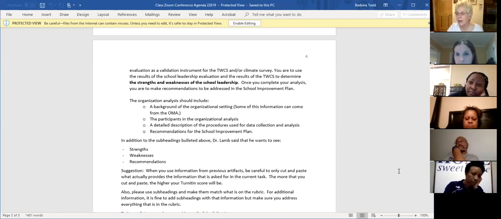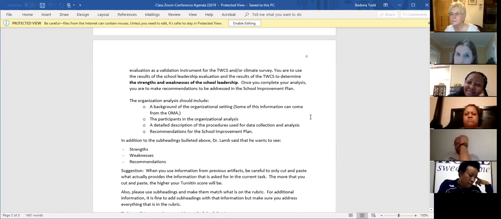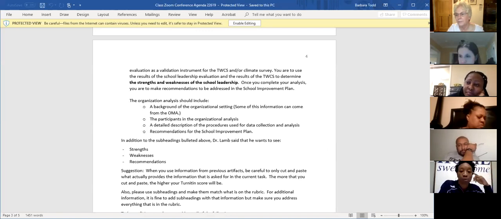Okay, does that help any? I think you're just going to have to get into it and see what it's really looking for. But last night, Dr. Lamb mentioned that the background setting in prompt 1 is the school profile that we've used several times. Yes. And then in prompt 2, it's the organizational structure from the OMA. Yes.